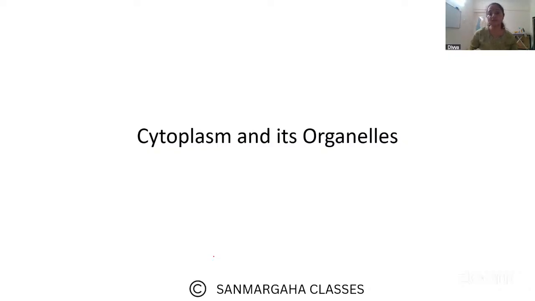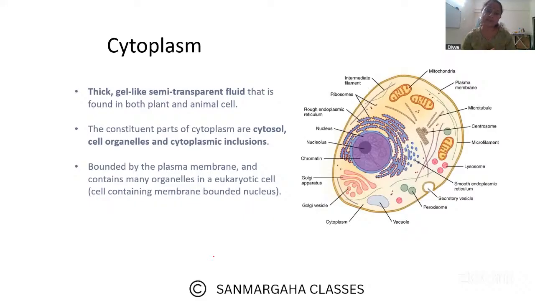Now coming to the cytoplasm and its organelles. As I told you, cytoplasm is the jelly-like matrix found inside the cell membrane, inside the plasma membrane, with organelles scattered here and there. Let us take up the cytoplasm first.